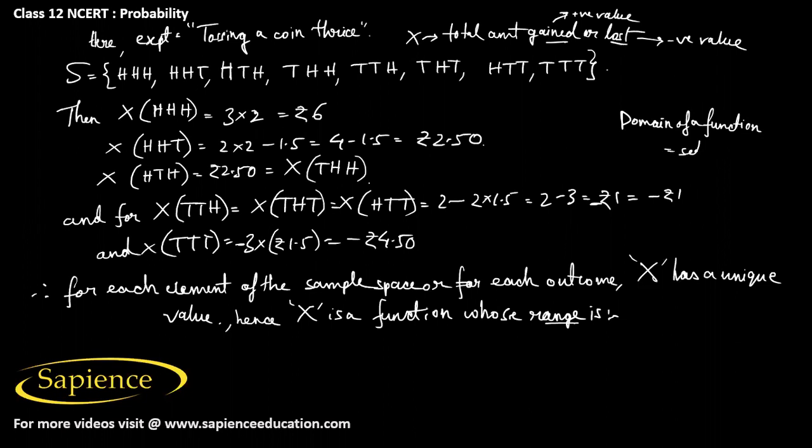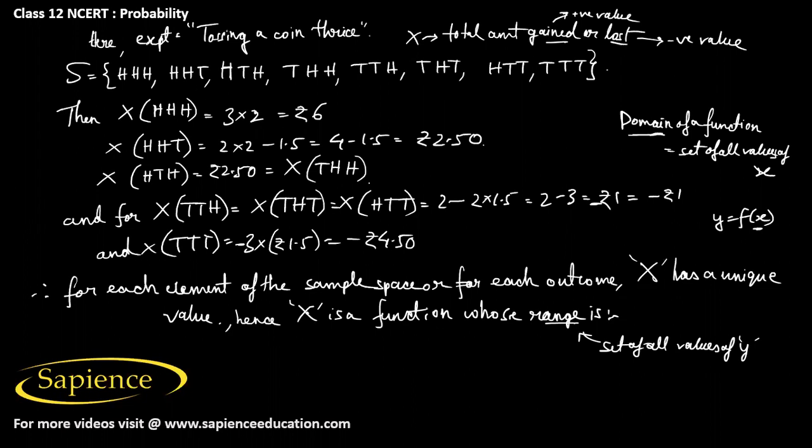If I have y equals f of x, then the set of all values of x will be called the domain of the function f of x, and the set of all values of y would be called the range.